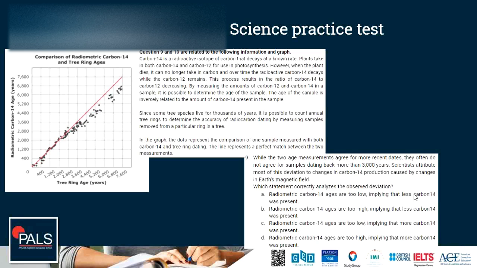More carbon-14 causes our sample to look younger than it really is, which means in the past there was more carbon-14 in the atmosphere than there is nowadays, leading to this deviation away from the red line. It doesn't mean there was more carbon, it just means there was more carbon-14, which is an isotope of carbon. So the correct answer here is C. Radiometric carbon-14 ages are too low, implying that more carbon-14 was present.